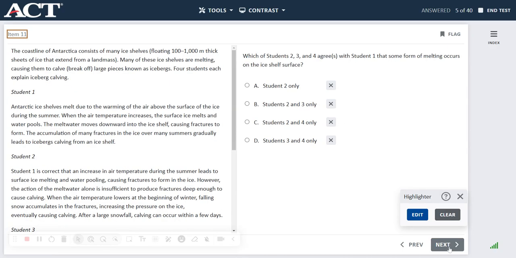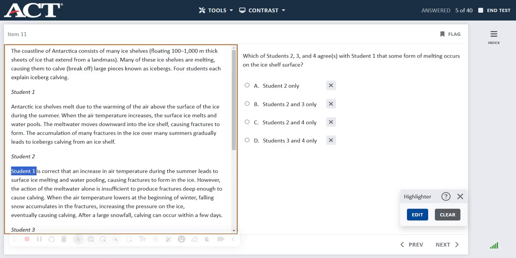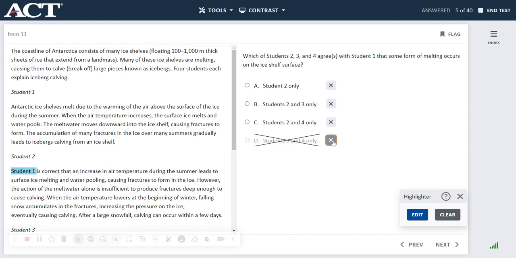Number 11, which of students 2, 3, and 4 agrees with student 1 that some form of melting occurs on the ice surface? Well, we know that student 2 agrees because he says student 1 is correct. So we know student 2 agrees. So we can say D is definitely out.